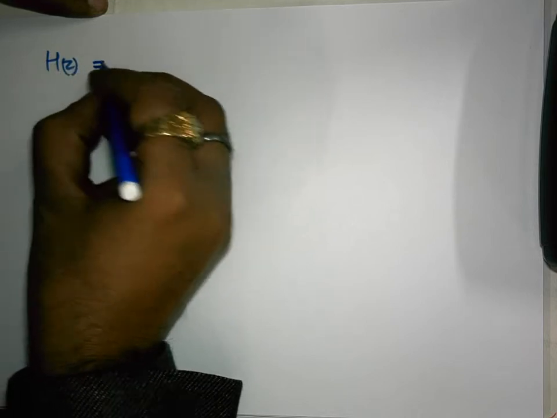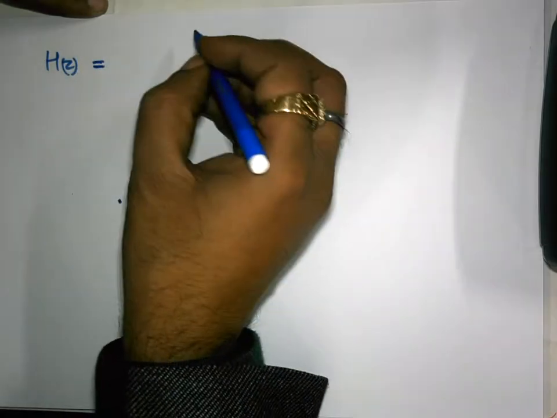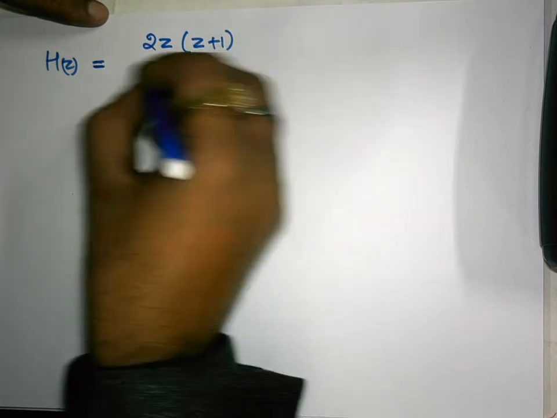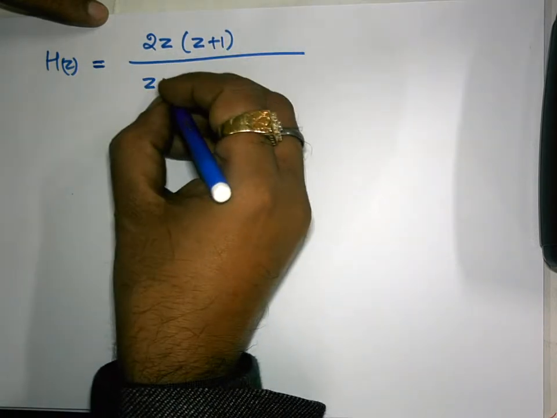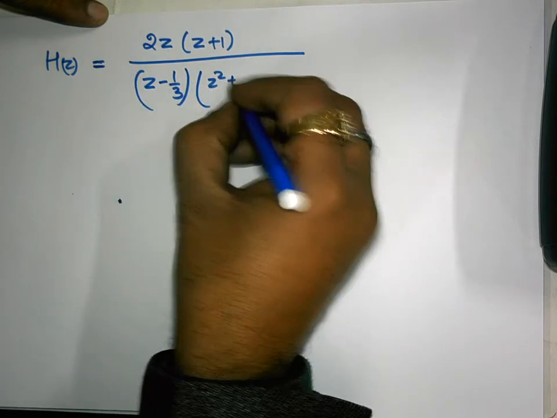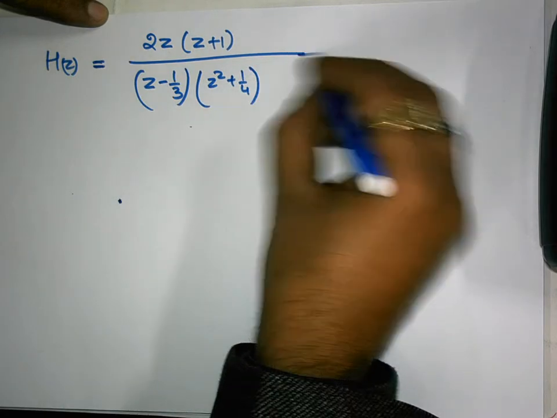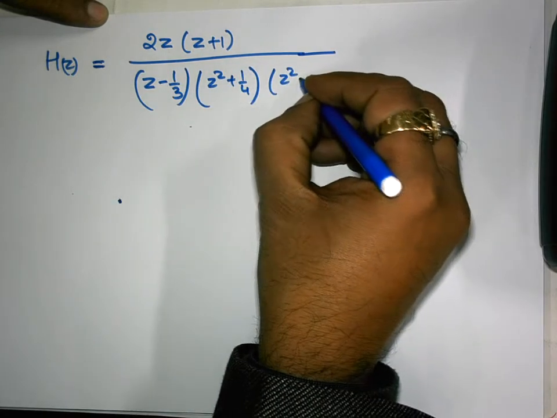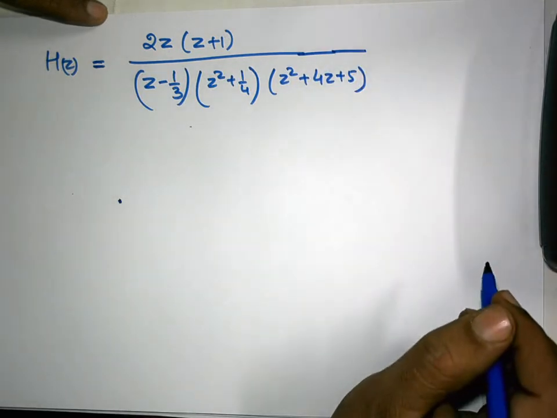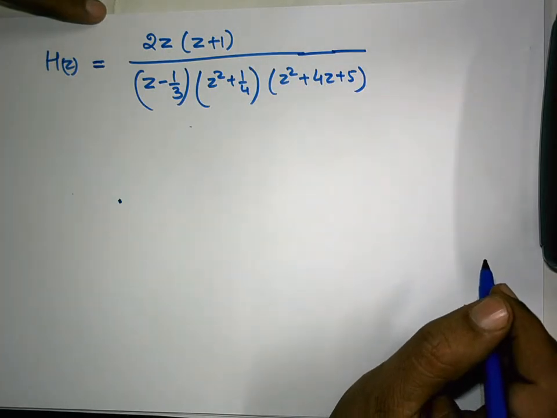Suppose a rational Z transform is given to us: H(z) is equal to 2z(z plus 1) over (z minus 1/3)(z square plus 1/4)(z square plus 4z plus 5). This is one of the Z transforms given to us, so we have to plot its pole zero pattern.